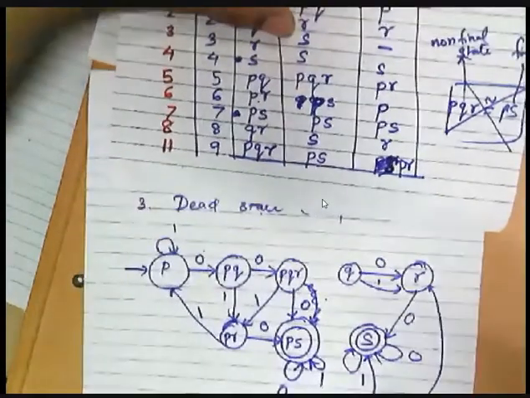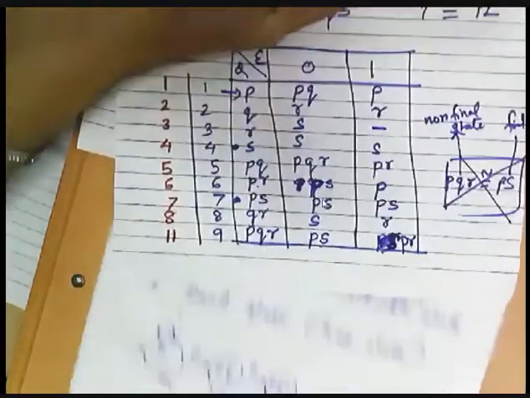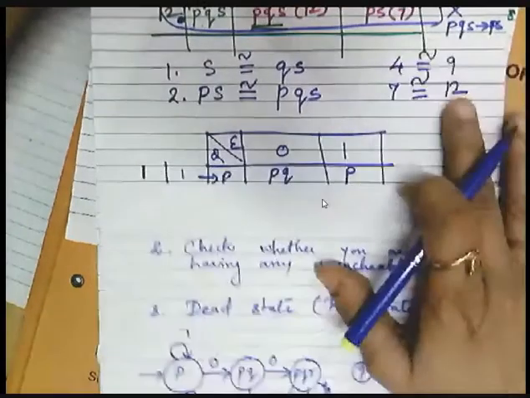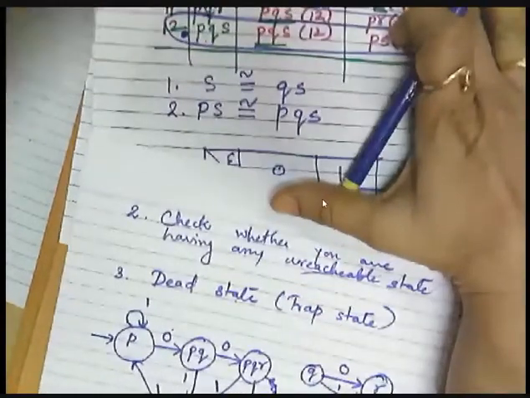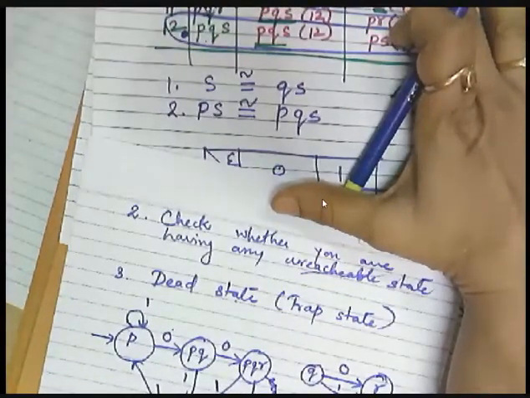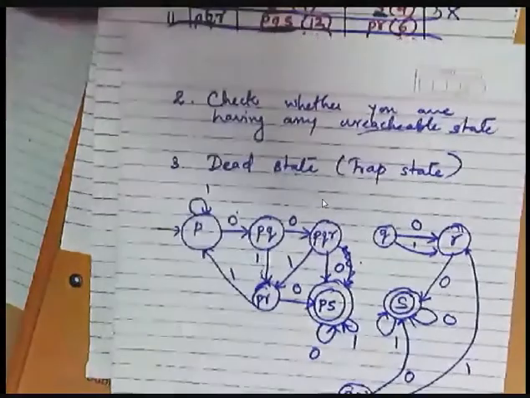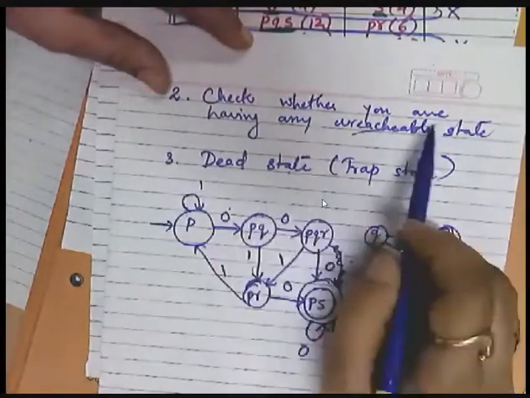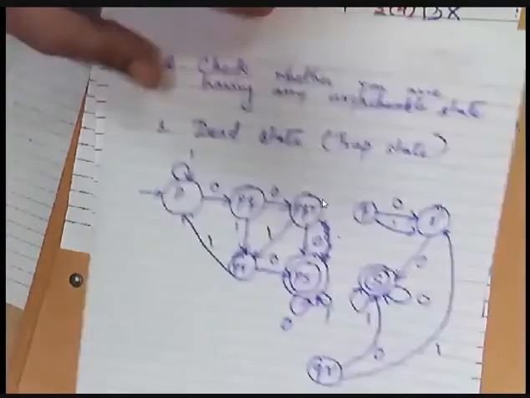Now here, as we can see in this total diagram, what is the observation? The observation is now state number 4, and if you observe, the very first minimization is done. Now we will check whether there is any unreachable state. What do you mean by this?